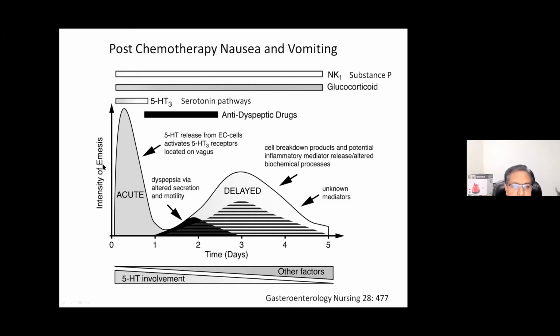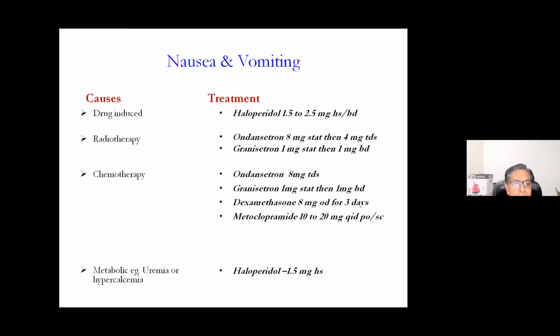So that's why we need to use the drugs appropriately when they are administered as prophylaxis, especially when highly emetogenic chemotherapeutic agents are being used. We can choose the drugs based on the chemotherapy or the various drug-related factors. When we say radiotherapy, usually ondansetron or granisetron remains the drug of choice.